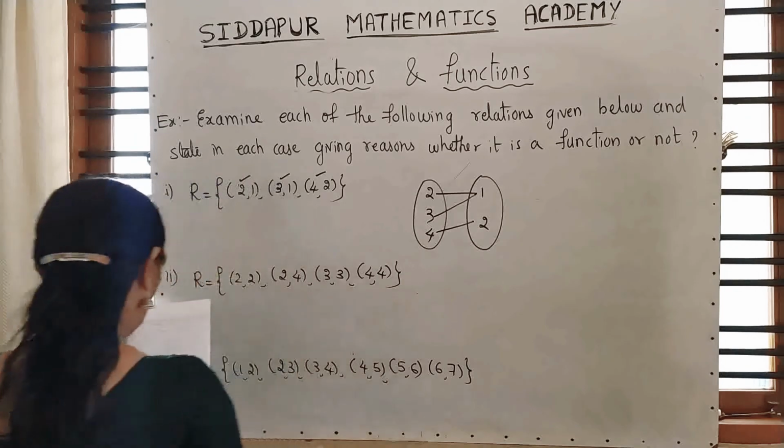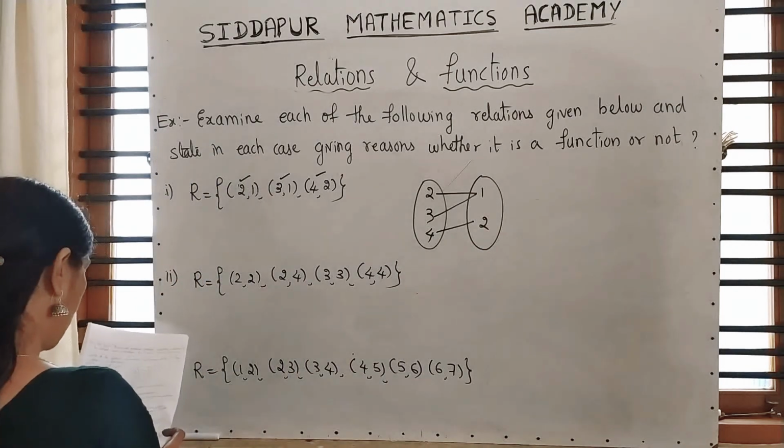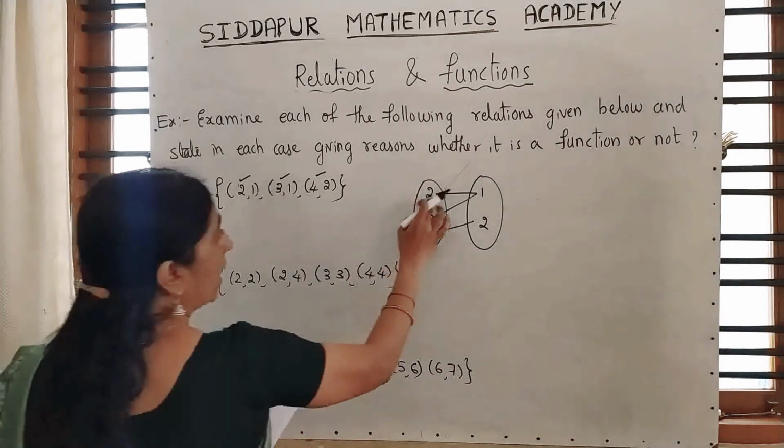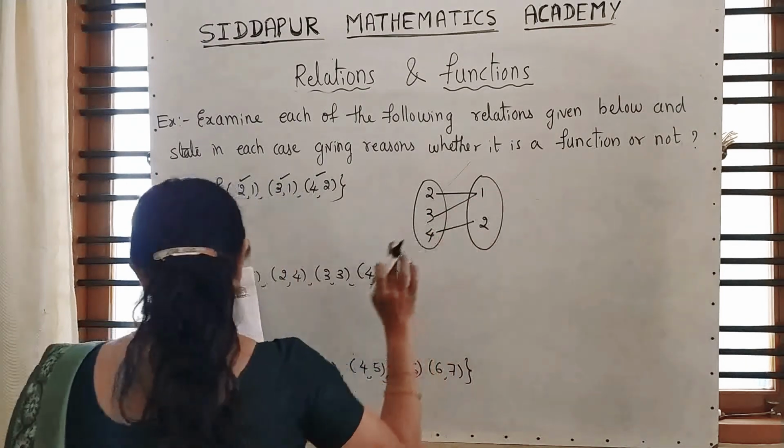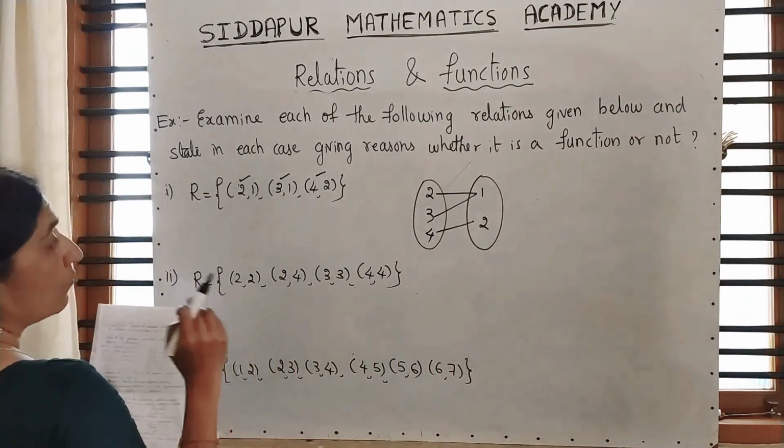Now is it a function or what? See here, 2 has only one image, 3 also has one image, 4 also has one image. They have a unique image.